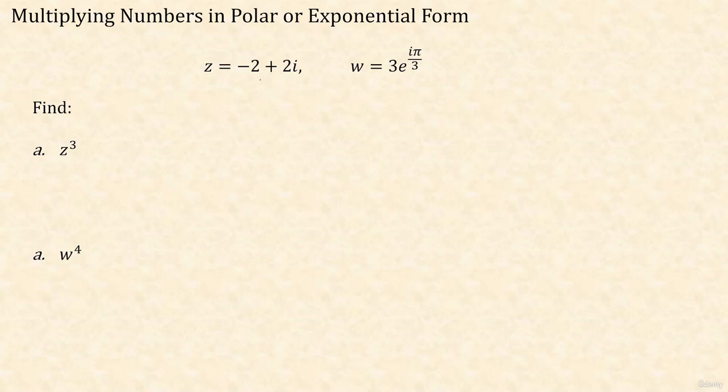So if I convert this number into modulus argument form or polar form first, here's what I get. The modulus of this is the square root of 2 squared plus 2 squared, which is 2 root 2.